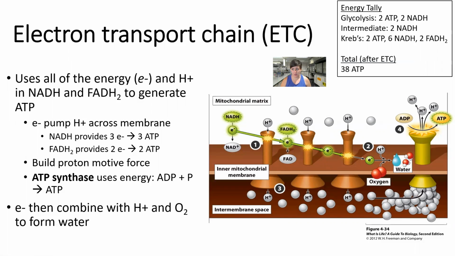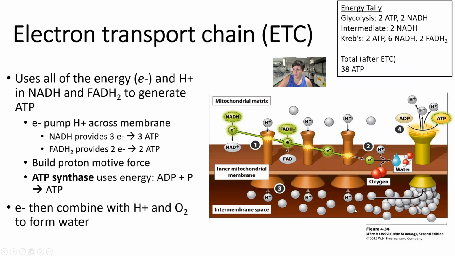It is only carrying 1. But there are hydrogens kind of hanging out in the mitochondrial matrix. The mitochondria tends to be a little acidic, meaning it has a lot of hydrogen ions anyway.